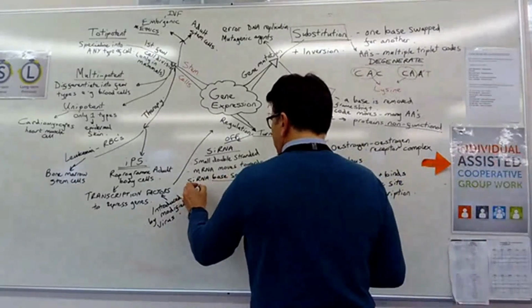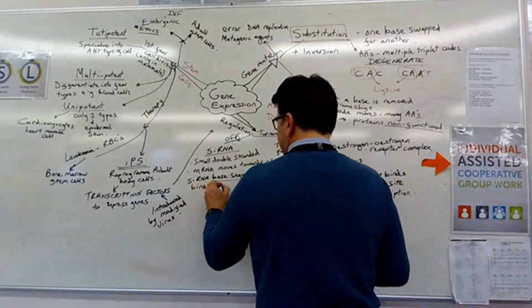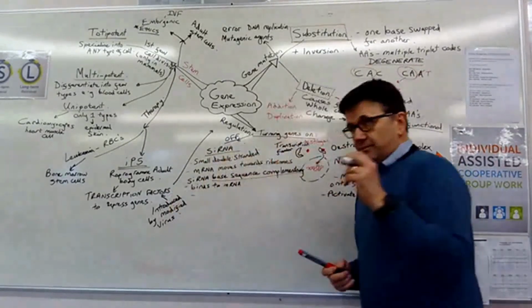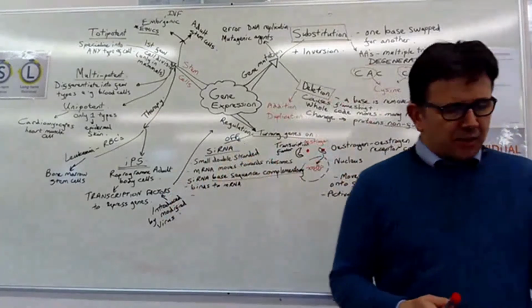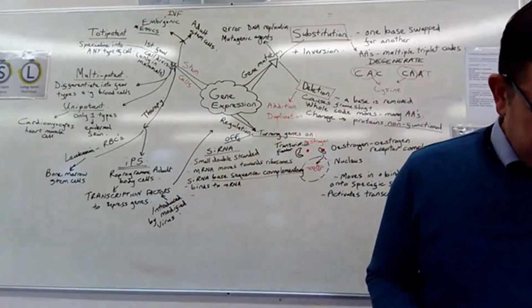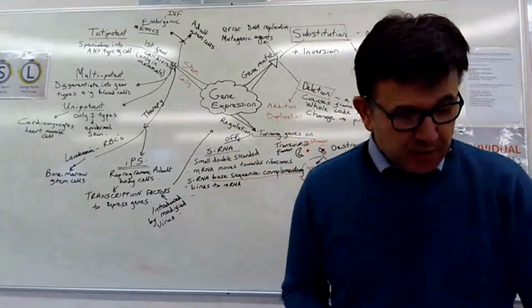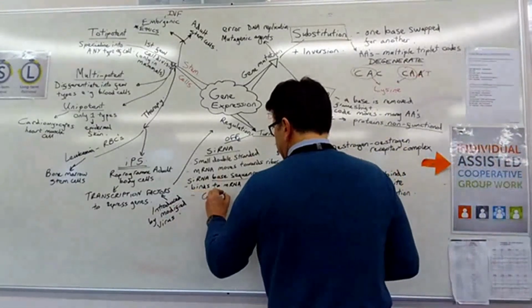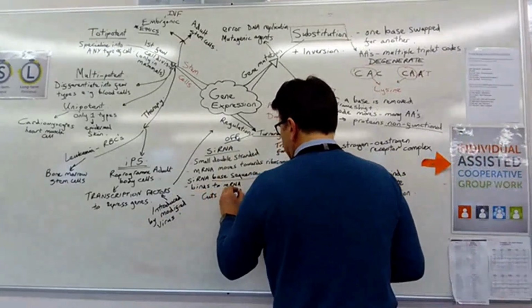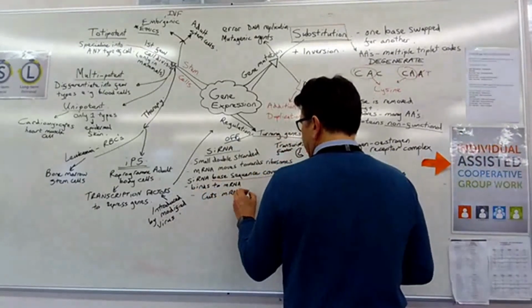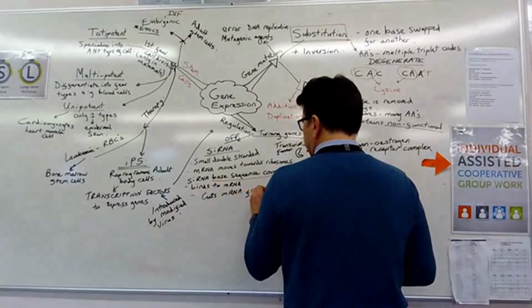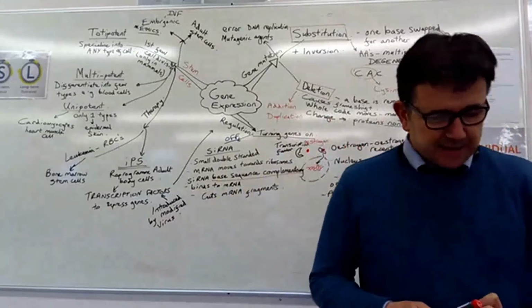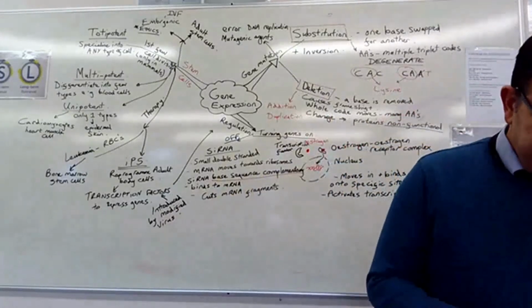And then there are lots of enzymes, something called RISC, but in AQA you don't need to know about RISC. You just need to know that it then cuts the mRNA fragments, so it can no longer be translated. So it's used a lot in biotechnology to switch genes off to see the effect that switching a gene off would have.